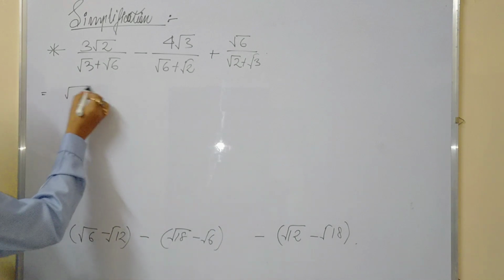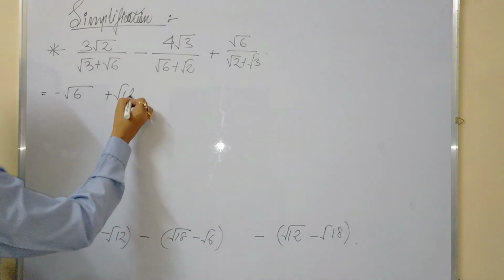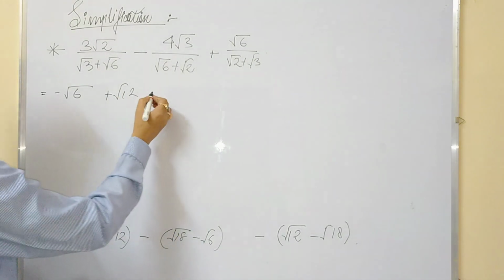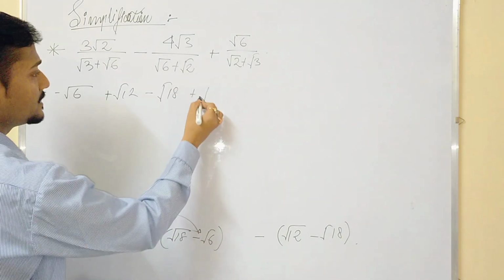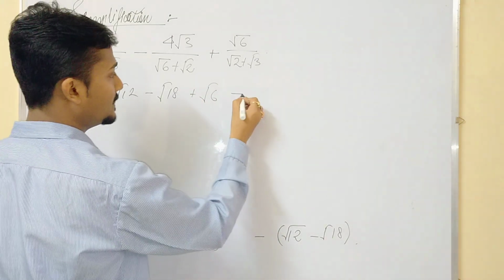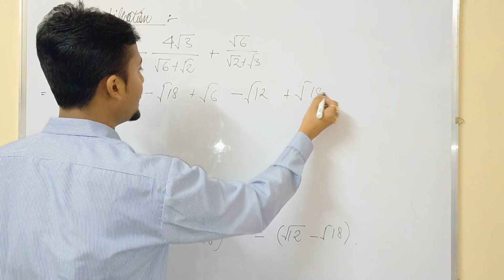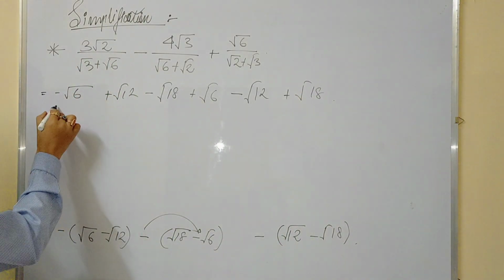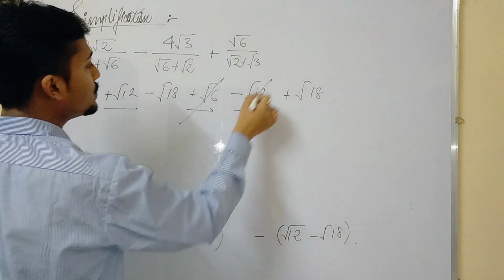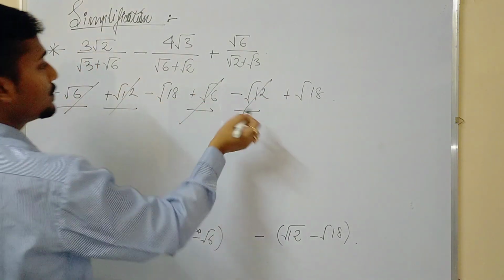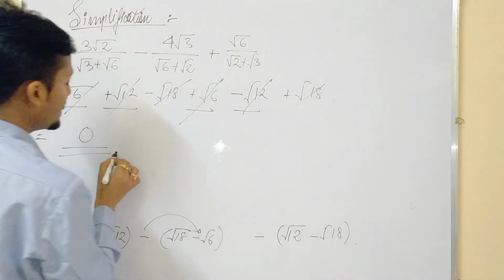Minus root 6 is equal to minus root 6, plus root 12, minus root 18, plus root 6, minus root 12, plus root 18. If you see carefully, minus root 6 plus root 6 will cancel. Plus root 12 minus root 12 cancel, minus root 18 plus root 18 cancel. That means the answer is 0.